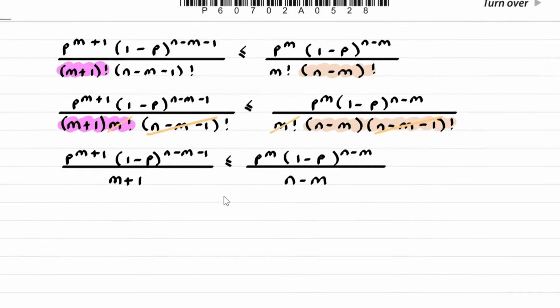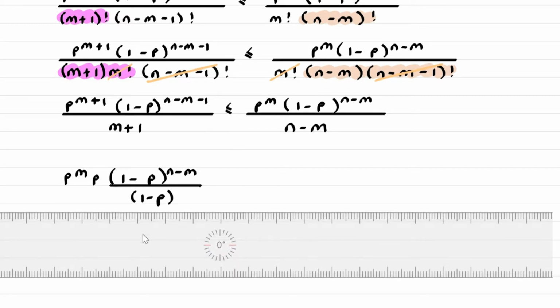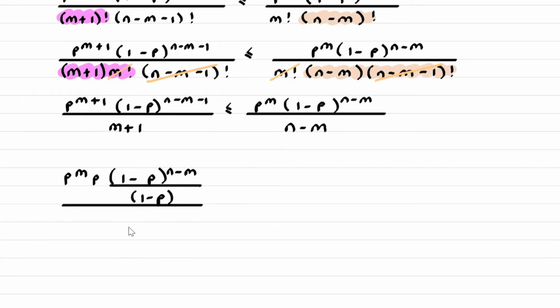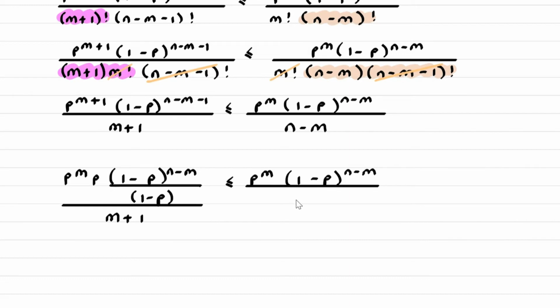So now let's see how we can simplify all this. Well, p to the m I can write as p to the m times p, then I've got 1 minus p to the n minus m, and then I've also got this being divided by 1 minus p, and then the entire thing is being divided by m plus 1, and this is less than or equal to p to the m times 1 minus p to the n minus m, and then I'm going to divide this by n minus m.